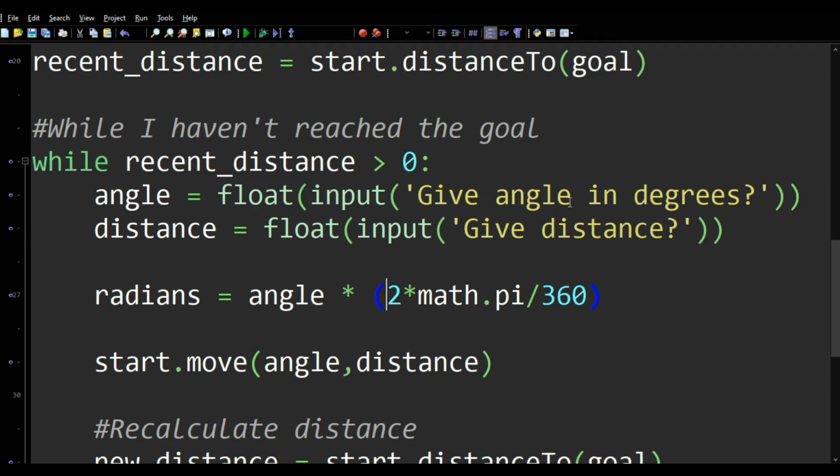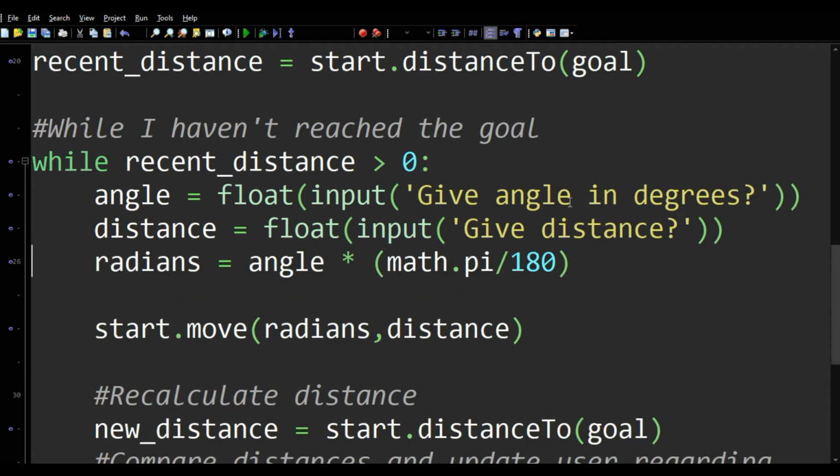Now this can actually be simplified a little bit. You might notice that there's a 2 in the numerator of this fraction and a 360 in the denominator, and those are both, of course, divisible by 2. So I can delete the 2 and divide this by 2. I'm basically just simplifying the fraction. And this is what you'll typically see: multiplication by math.pi over 180. So now I've got something in radians, and I can pass that in instead of degrees.